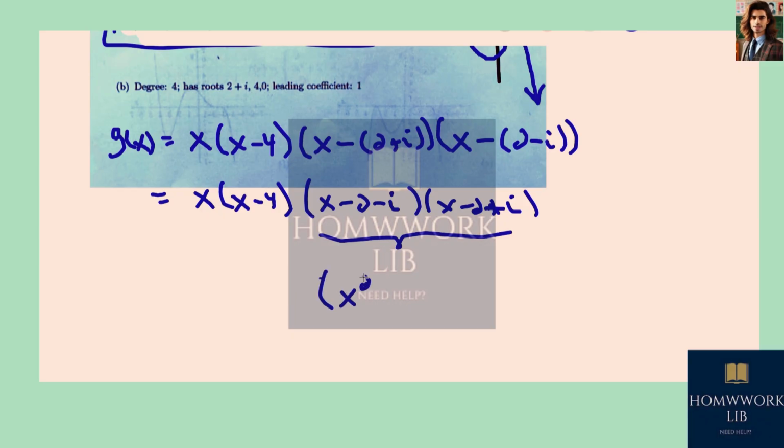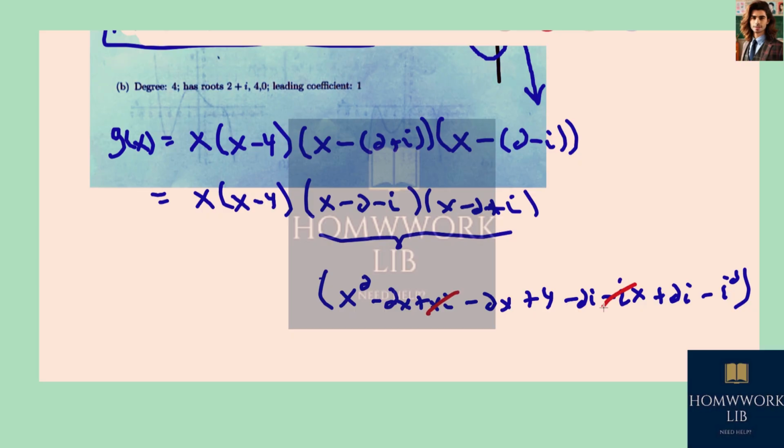Distribute the x, you get x squared minus 2x plus xi. Distribute the -2, you get minus 2x plus 4 minus 2i. Distribute the -i, you get negative xi plus 2i minus i squared. Okay, so the xi's will cancel out, the 2i's will cancel out, and i squared is -1, so that becomes a +1.